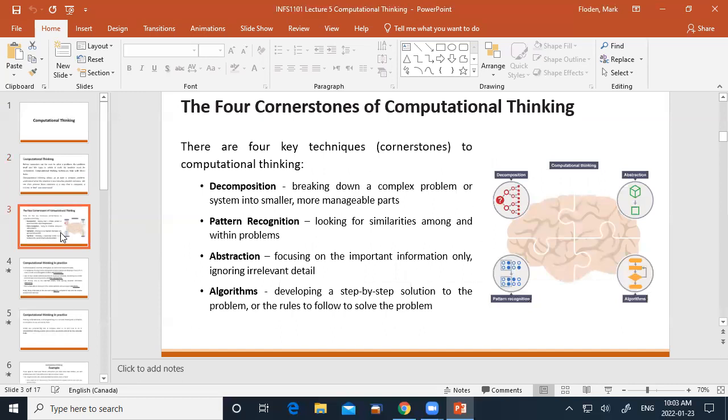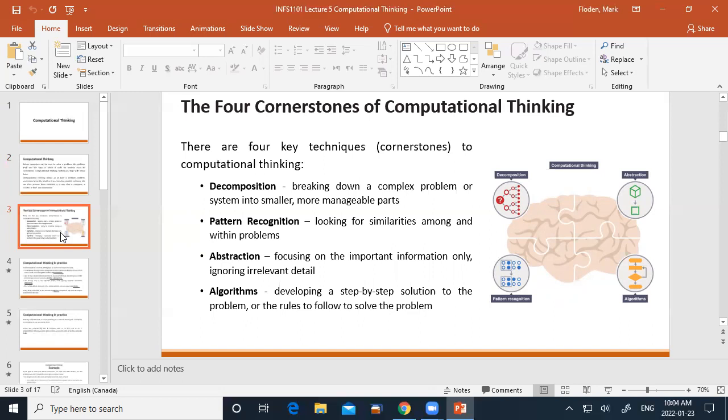I mentioned a minute ago that our computational thinking has components. In your quizzes, tests, and exams, each of these terms, you'll be asked something about it. There'll probably be a multiple choice question which will say, decomposition is, and you've got 3 or 4 different ideas, and which one of those?